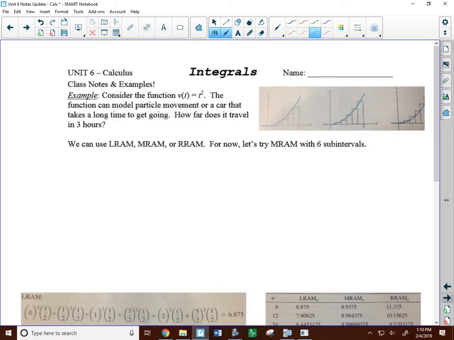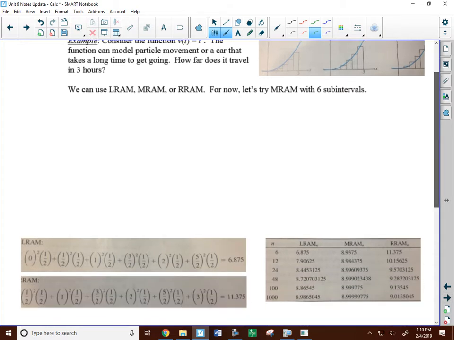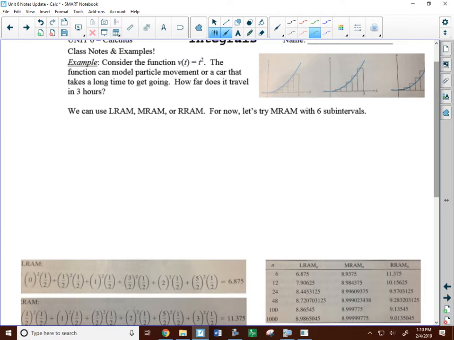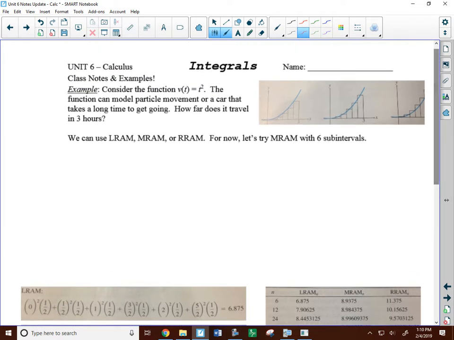All right, good question. So let's turn the page, and I'll just show you the setup of this one. We're just going to do RAM on this one. This is left, midpoint, and right. This is x squared, t squared. We're going to do midpoint, and there's a diagram. Okay, so you can see the curve right there.